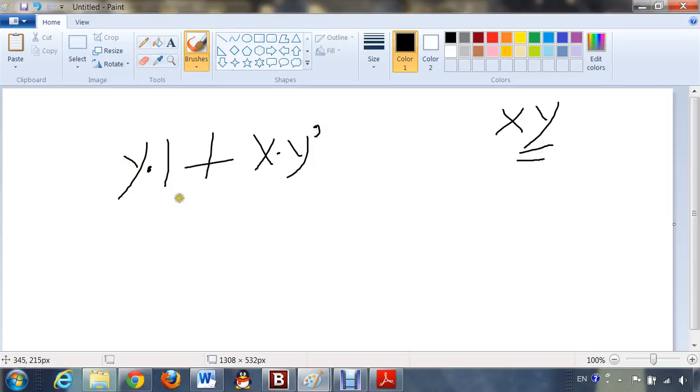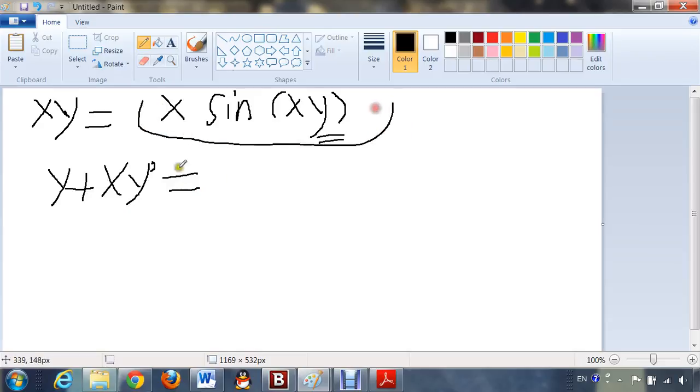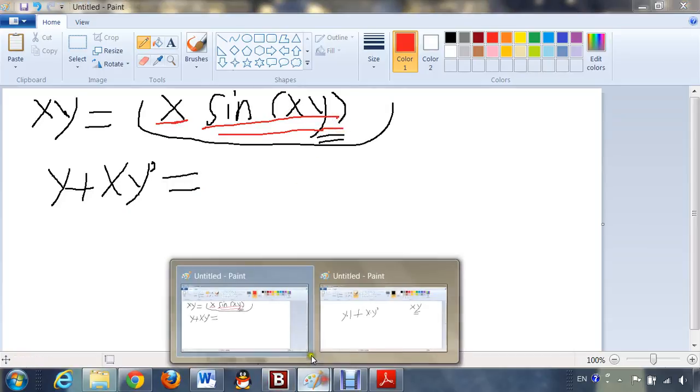So just y plus xy prime. Now on the right side, we see an x and a sine of something, so that's a product rule as well. We're going to do it on the other page.